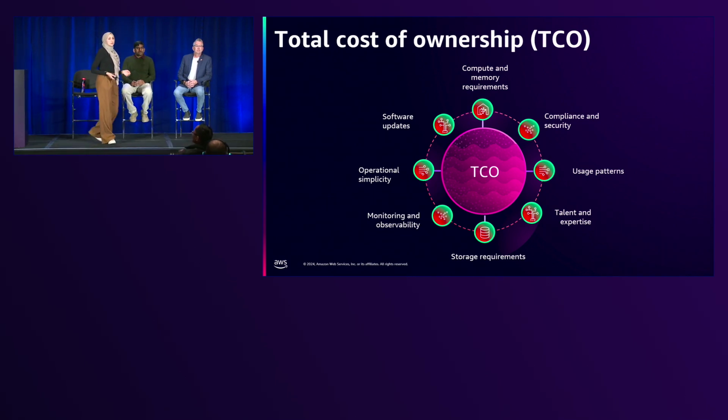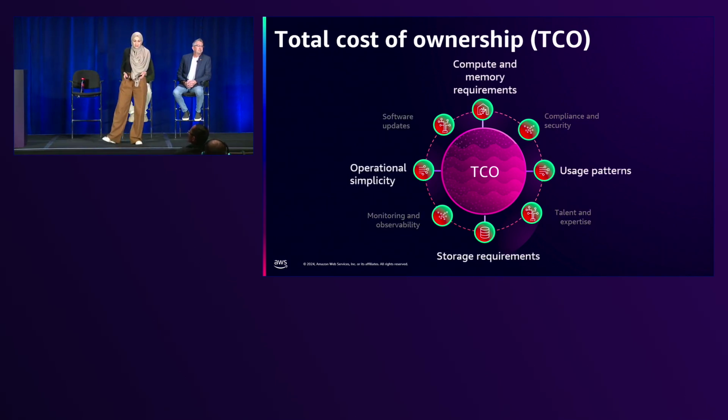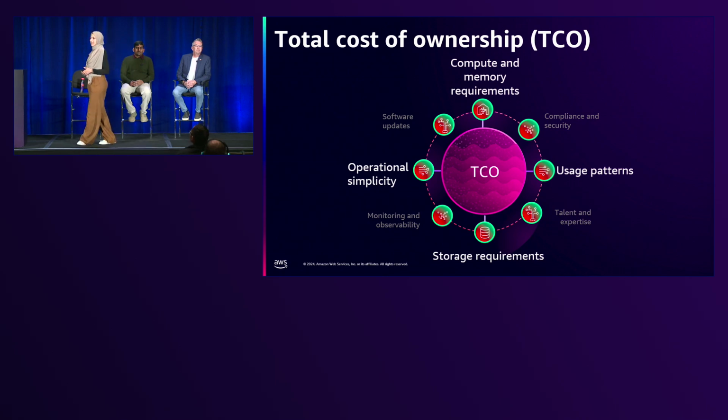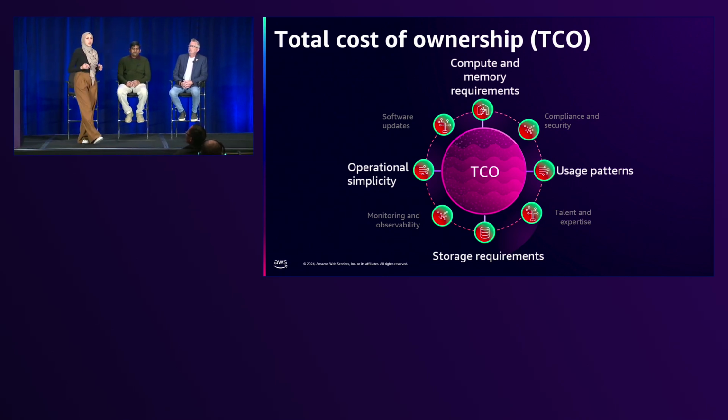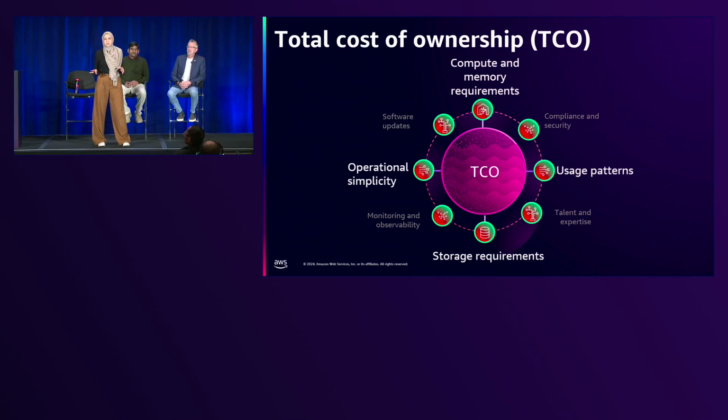While yourself, you would need to focus on some key elements, such as compute requirements, storage requirements. You should also think about the usage patterns, meaning who are the users that are querying the data? How many users do you have? What's the frequency of search?